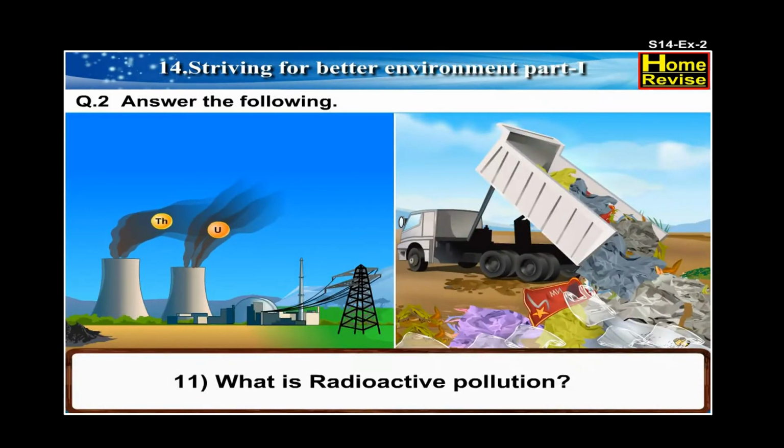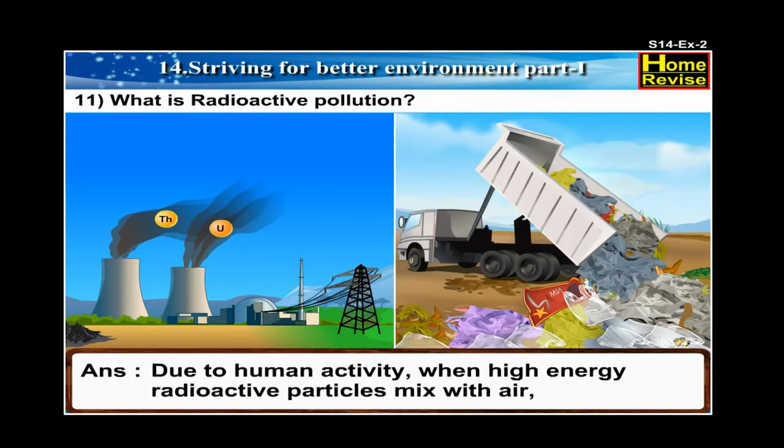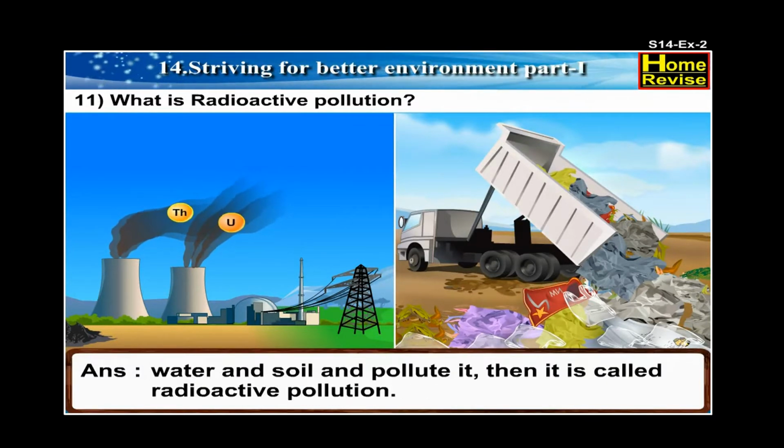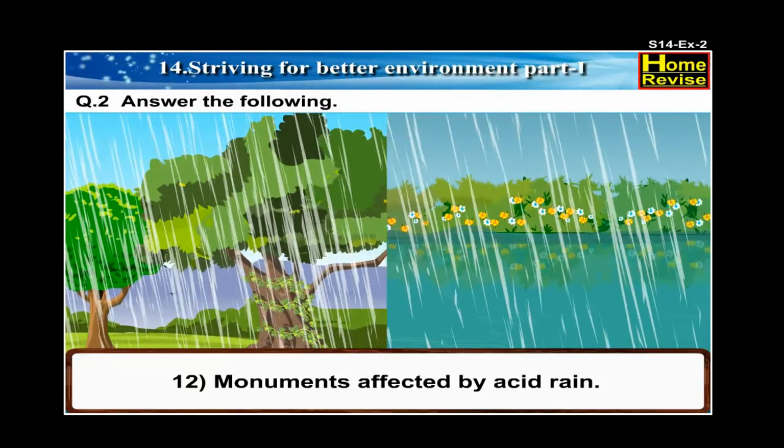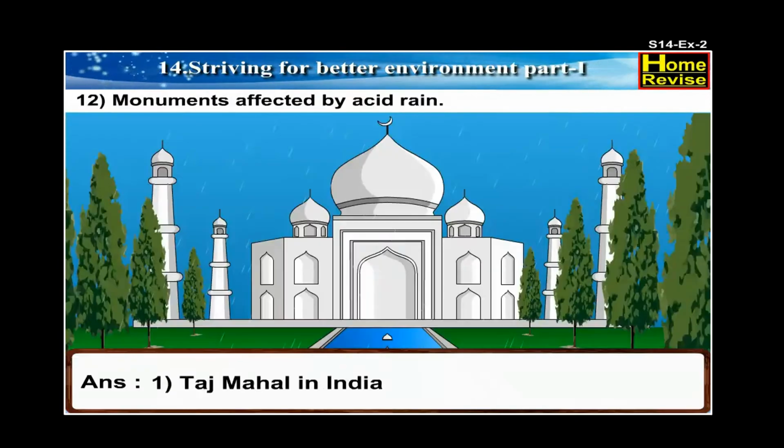Eleven. What is radioactive pollution? The answer is due to human activity, when high-energy radioactive particles mix with air, water and soil and pollute it, then it is called radioactive pollution. 12. Name some monuments affected by acid rain. The answer is 1.